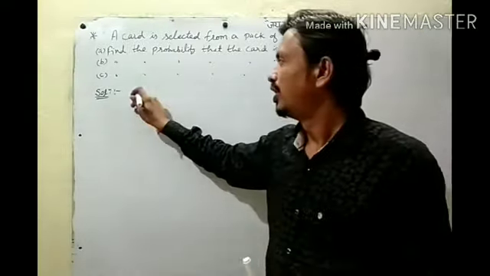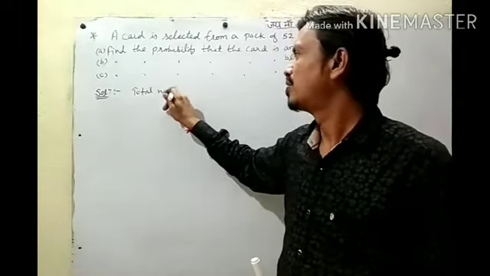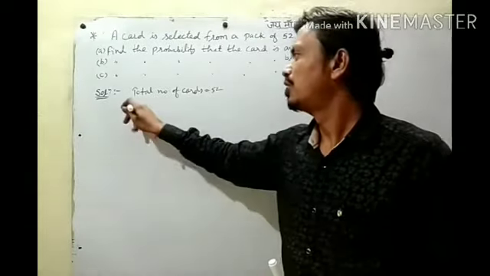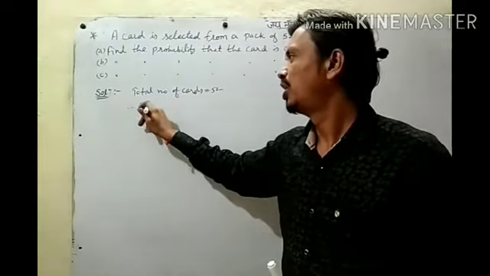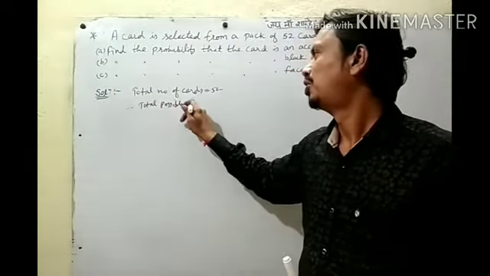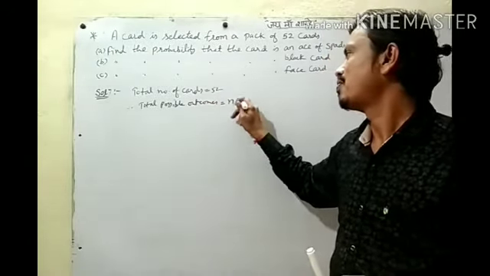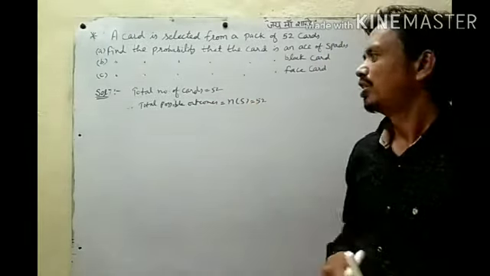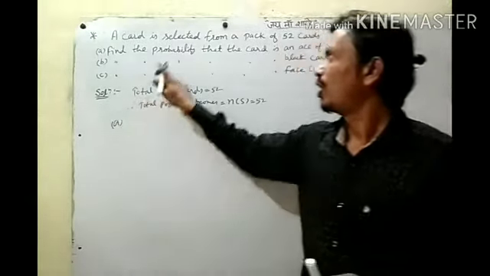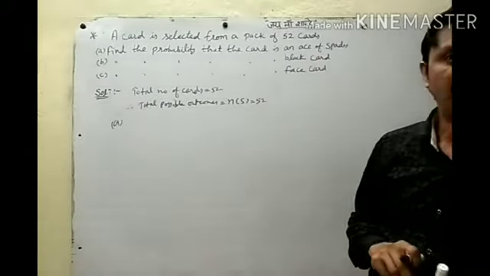So the total number of cards, we have 52, so this will be the total possible outcomes. Possible outcomes will be 52.